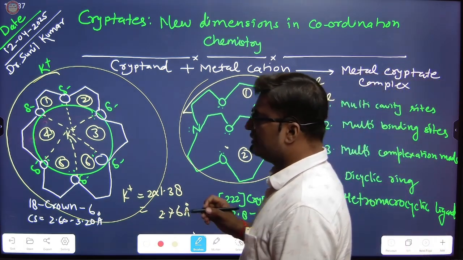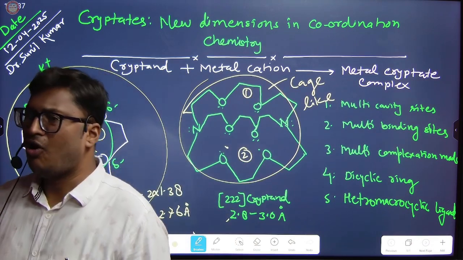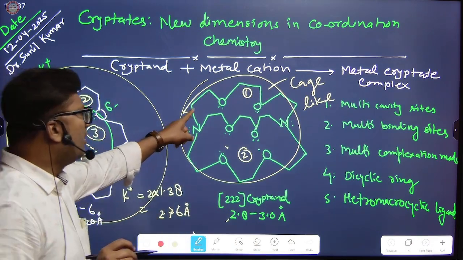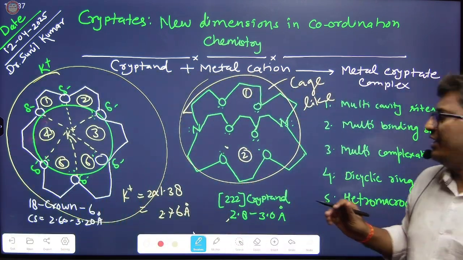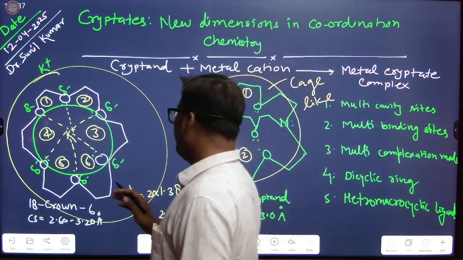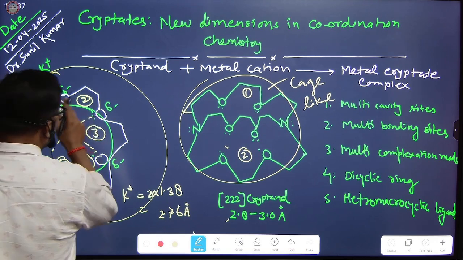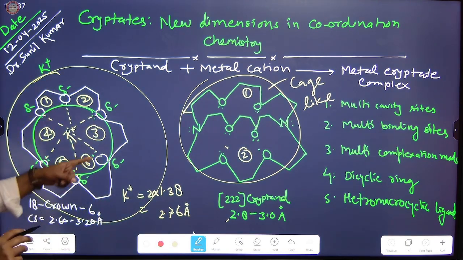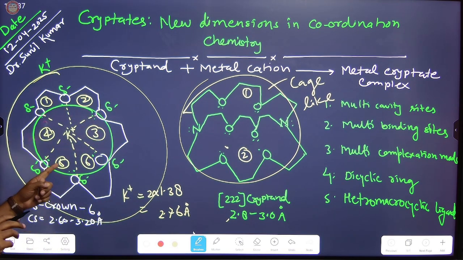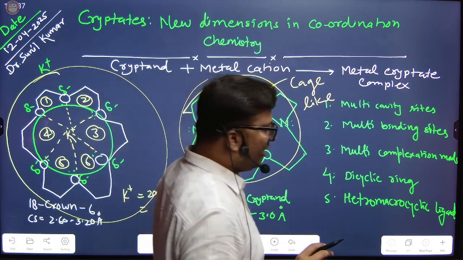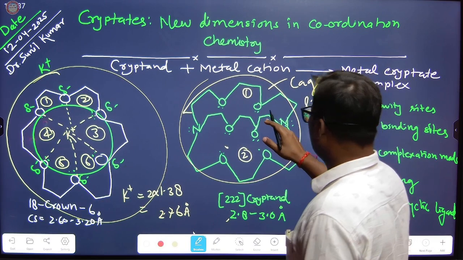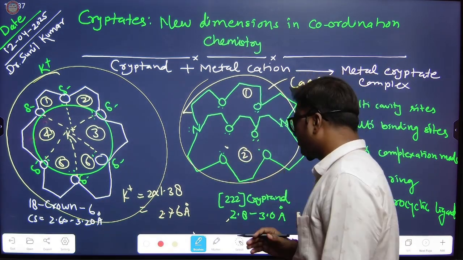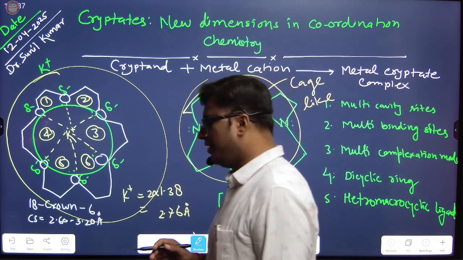So the stability of such metal cryptates is comparatively very high compared to 18-crown-6. Here one monocyclic ring contains 6 chelate rings. Here two cyclic rings contain more than 6 chelate rings, right?